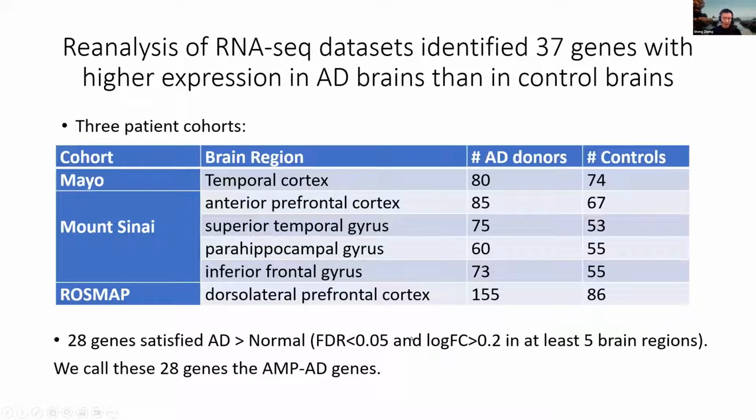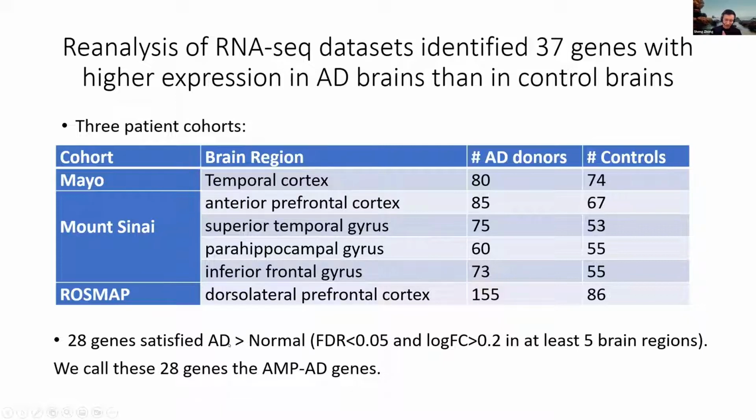This is not the only possible way you can analyze this data, but with our requirement, we require a certain fold change and statistical significance to call a gene higher in AD than normal, and then we need it to show up in at least 5 of the brain regions in at least 2 cohorts. Altogether, there were only 28 genes that satisfied these criteria.